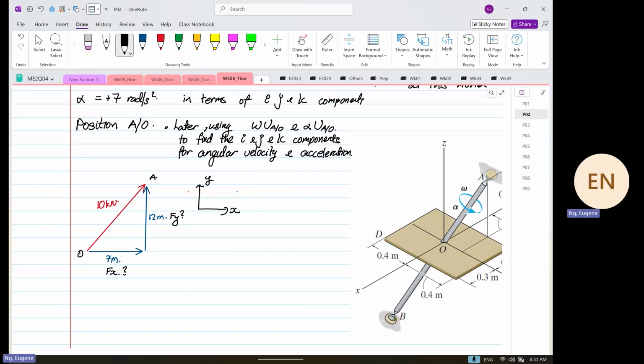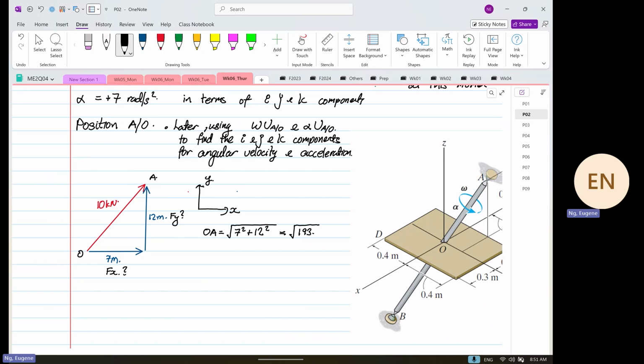So we know that OA is equal to square root of 7 squared plus 12 squared, and this will be equal to square root of 193.